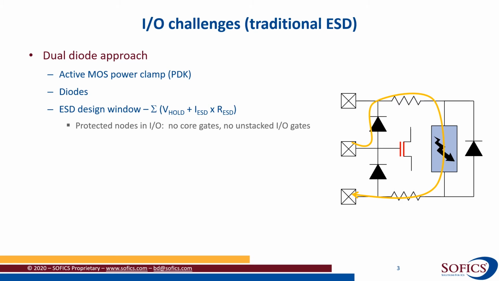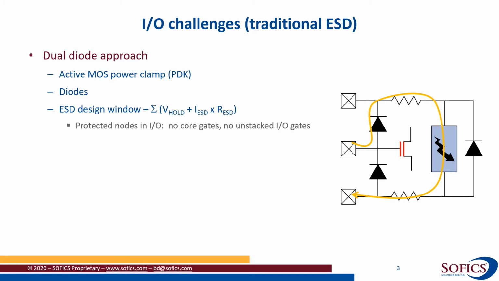So it's basically, as written by this very simplified formula here, the sum of the holding voltages in the diode and the power clamp and the resistive drop of the ESD current in the diode, the power clamp, and the bus resistances. That sum of voltages is actually presented to the protected node.